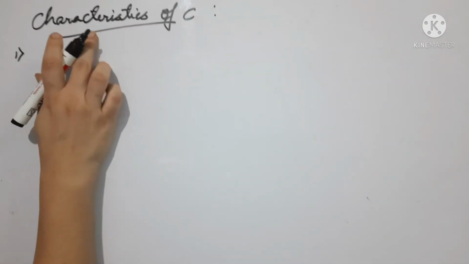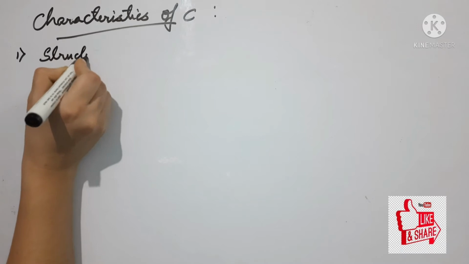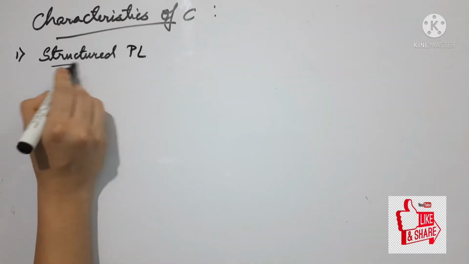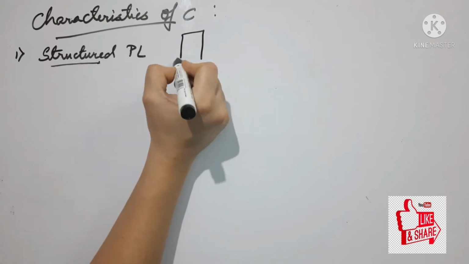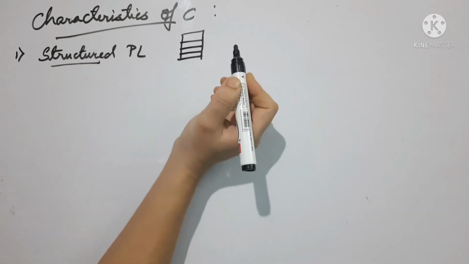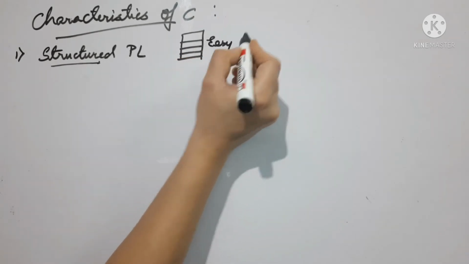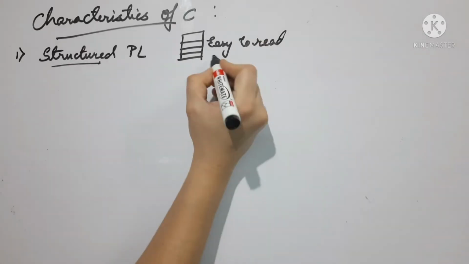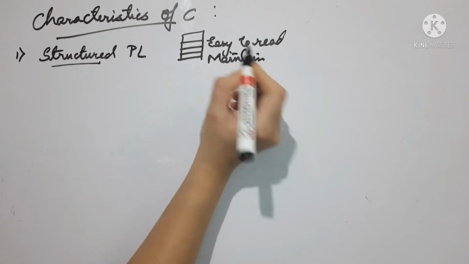First very important characteristic of C language is that it is a structured programming language. Now what is the meaning of structured? Structured means it is very well formed. Okay, very well formed means it is easy to read. We can read the C program, and also it is easy to maintain the C program.